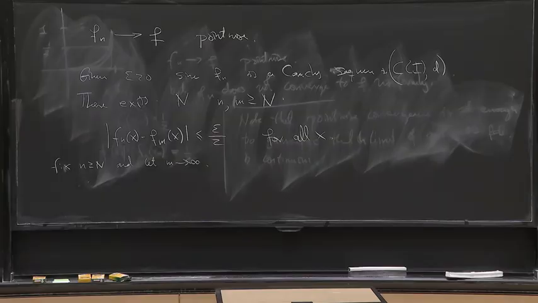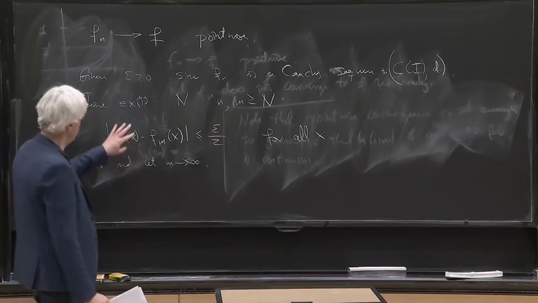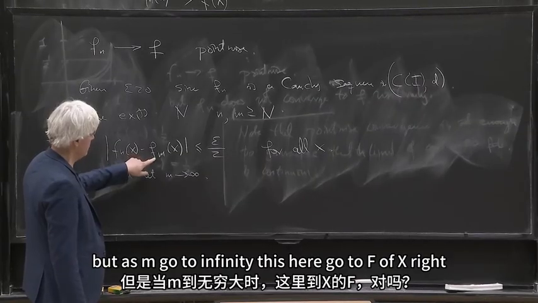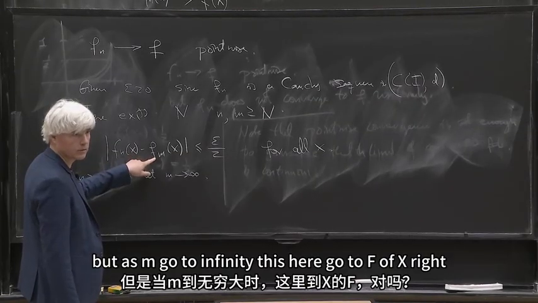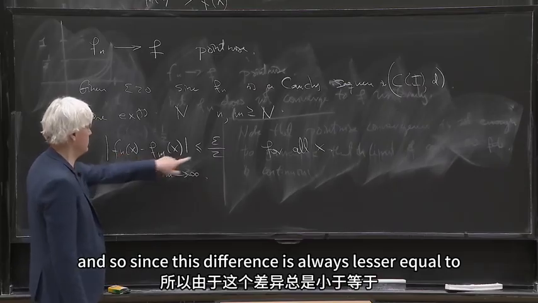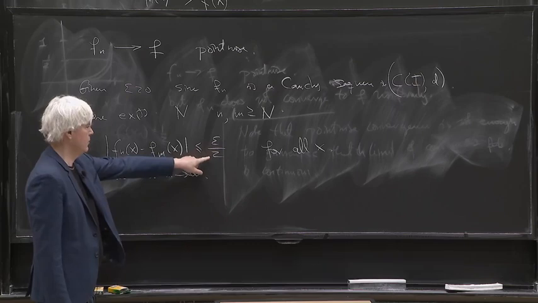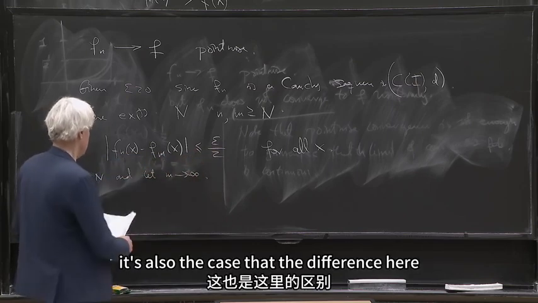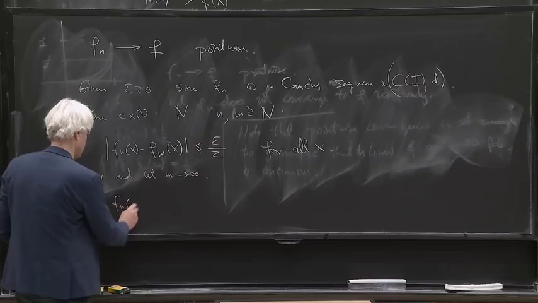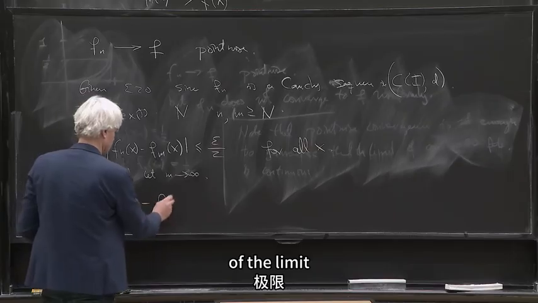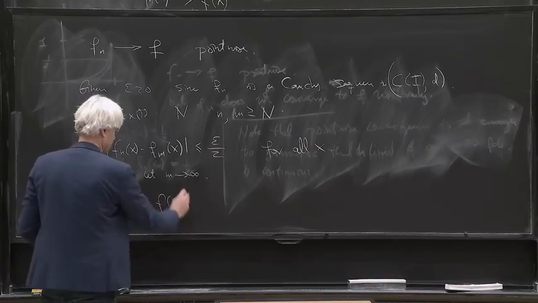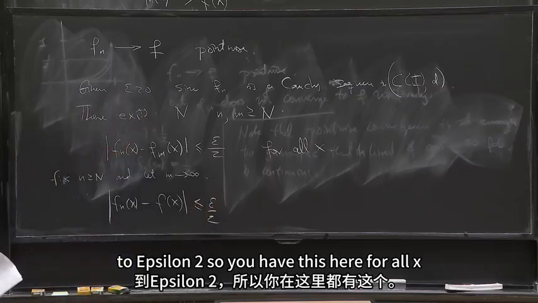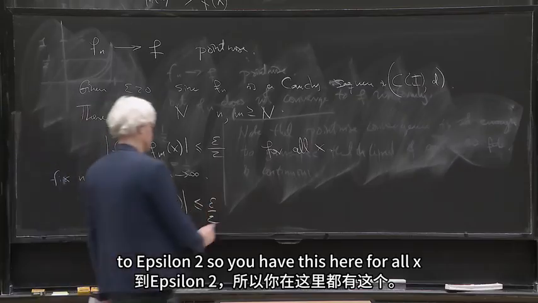Well, Fn of x is just some fixed number, but as m goes to infinity, Fm of x goes to f of x. And so since this difference is always less or equal to epsilon over 2, it's also the case that the difference of the limit is less or equal to epsilon over 2. So you have this here for all x.